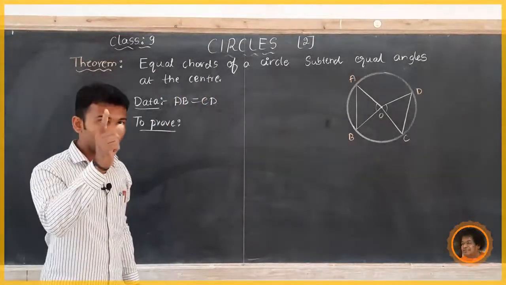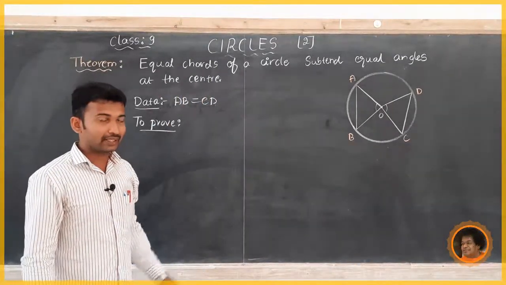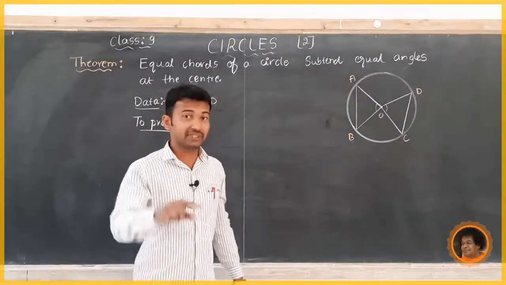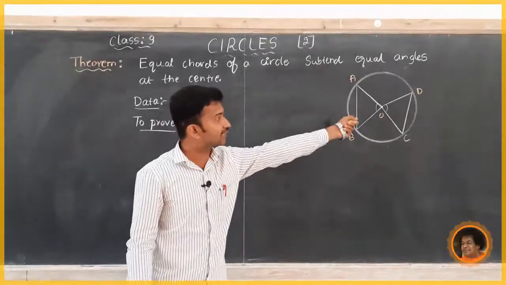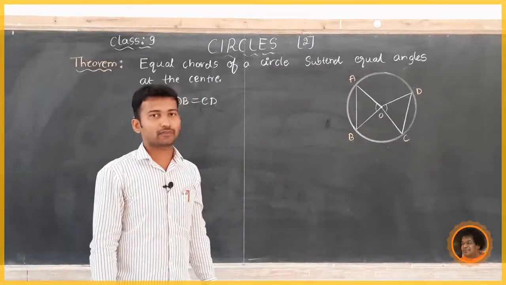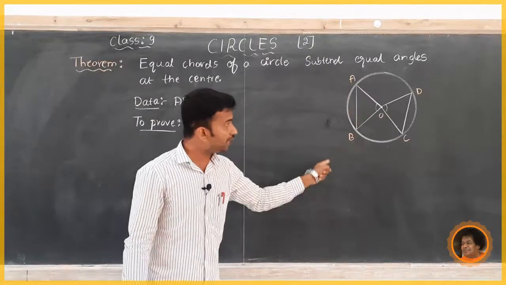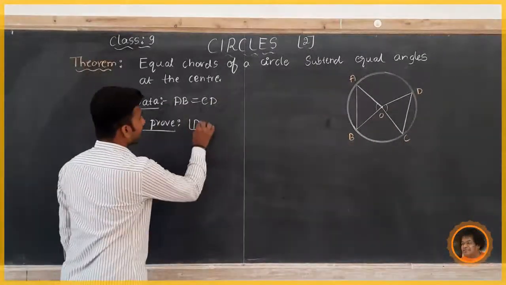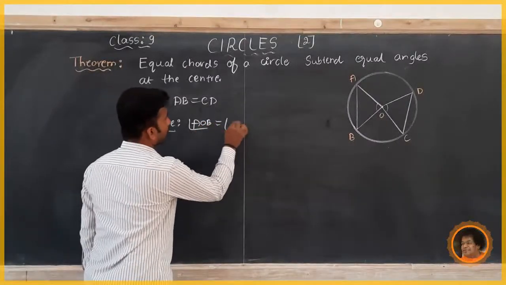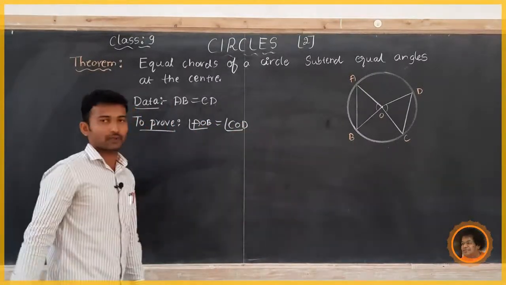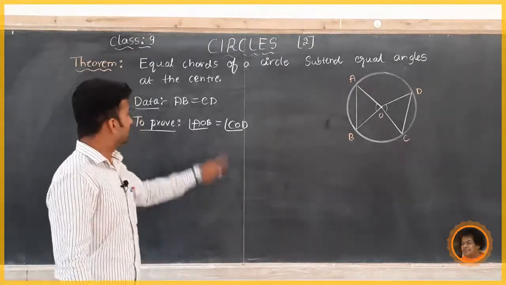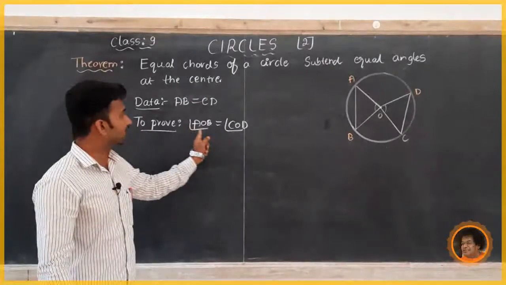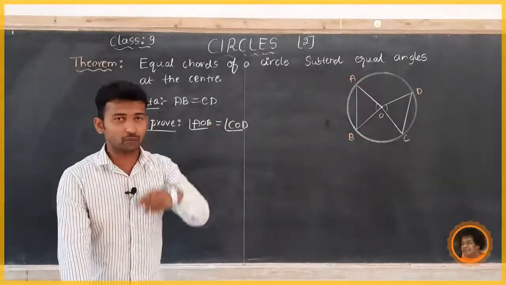So we have to prove that AB subtends angle AOB, which is equal to CD subtending angle COD. So angle AOB is equal to angle COD. Data: AB equal to CD, which is given, and to prove: angle AOB is equal to angle COD.